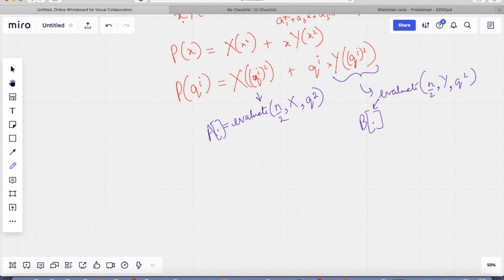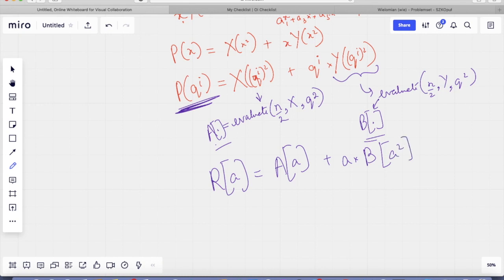Now for a moment, forget that these are n by 2 length arrays, like forget how we are calculating. If we still evaluated at all the q points, then we can combine these two arrays into the final answer array for this value as R of i is equal to A of i plus q^i into B of i, rather i square for inside these things.